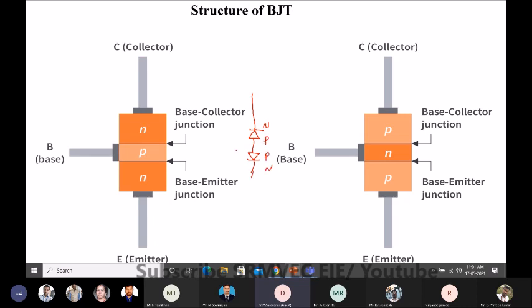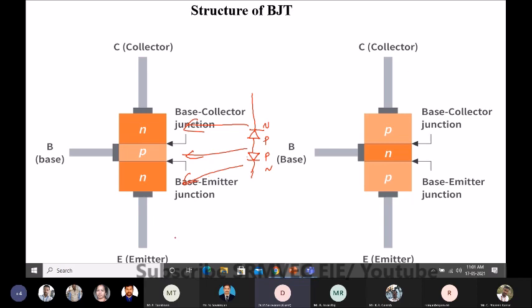The P types merge to form a single P region, with N on either side. So two junctions are available in the BJT, the base-collector junction and the base-emitter junction, and it has three terminals: emitter, base and collector.